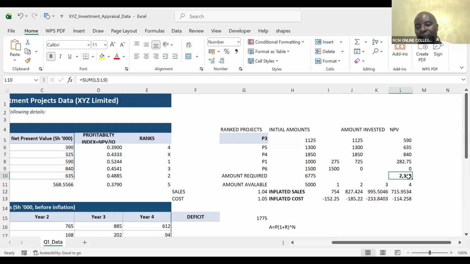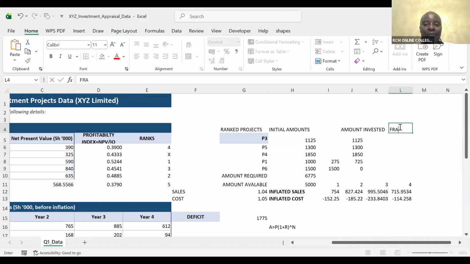Allow me to repeat this. I've always seen people, and they're bright people here, coming here and giving us fraction of the investment invested. How do we get the fraction of our investment? They come and say this, the amount invested, all right? And then they say divided by the original amount.